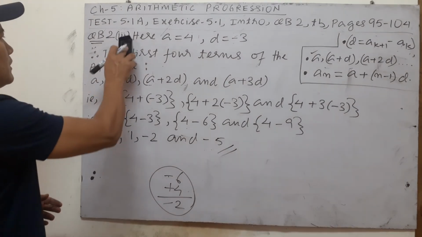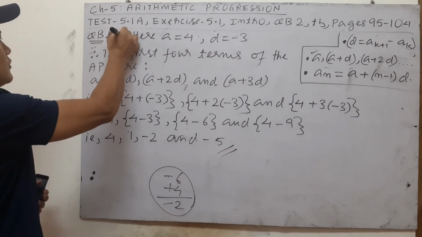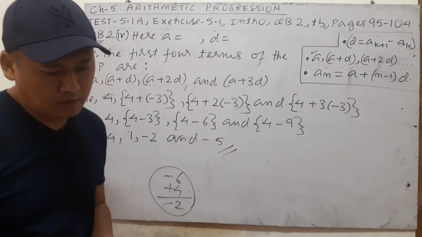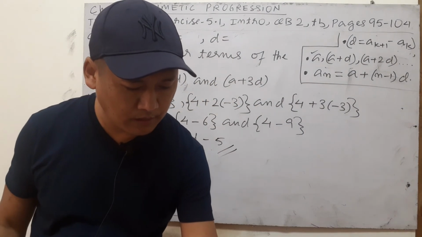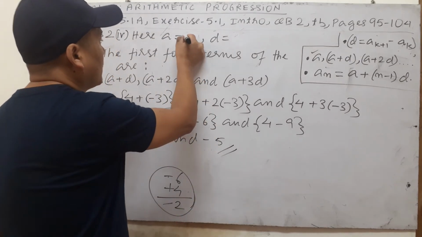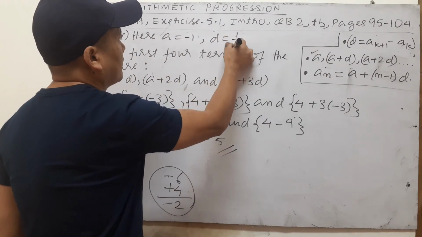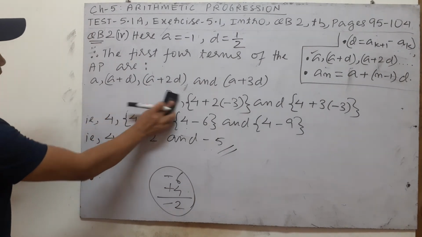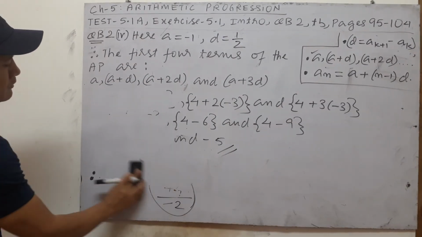Then the fourth one. Two more are there, I think. A and D. The fourth one is A minus 1 and D is half. Right, up to here same because we're going to use the same formula. Let's do it carefully, write it down.